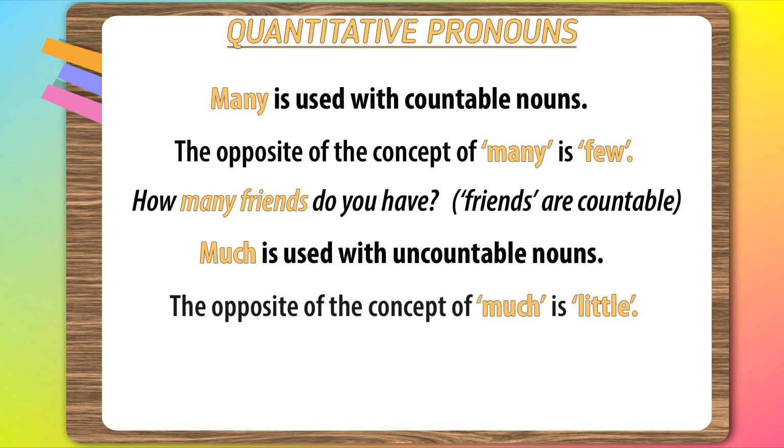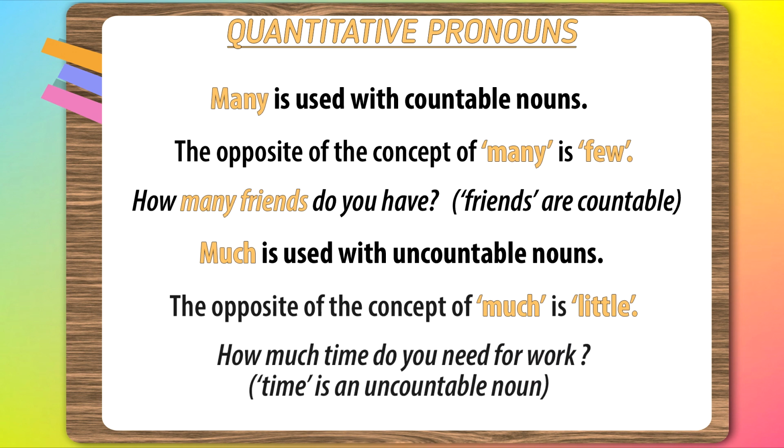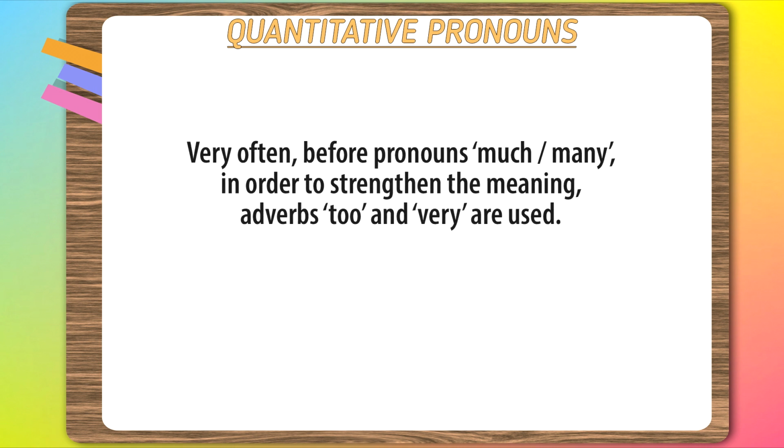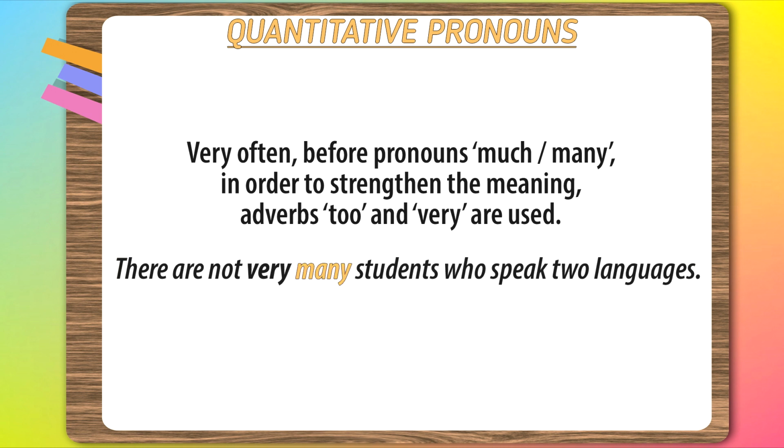For example, how much time do you need for work? Time is an uncountable noun. Very often, before pronouns much or many, in order to strengthen the meaning, adverbs too and very are used. For example, there are not very many students who speak 2 languages. I have too much work to do.